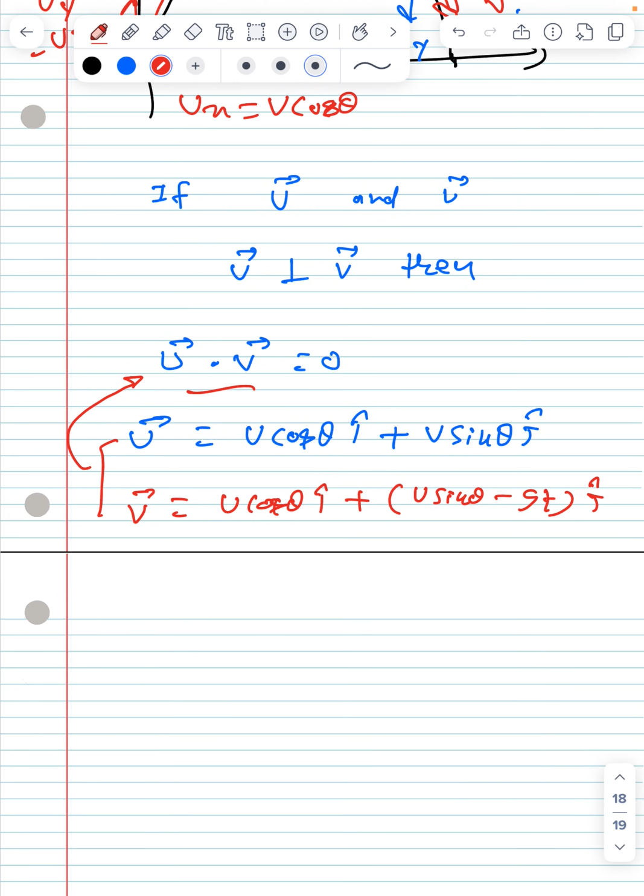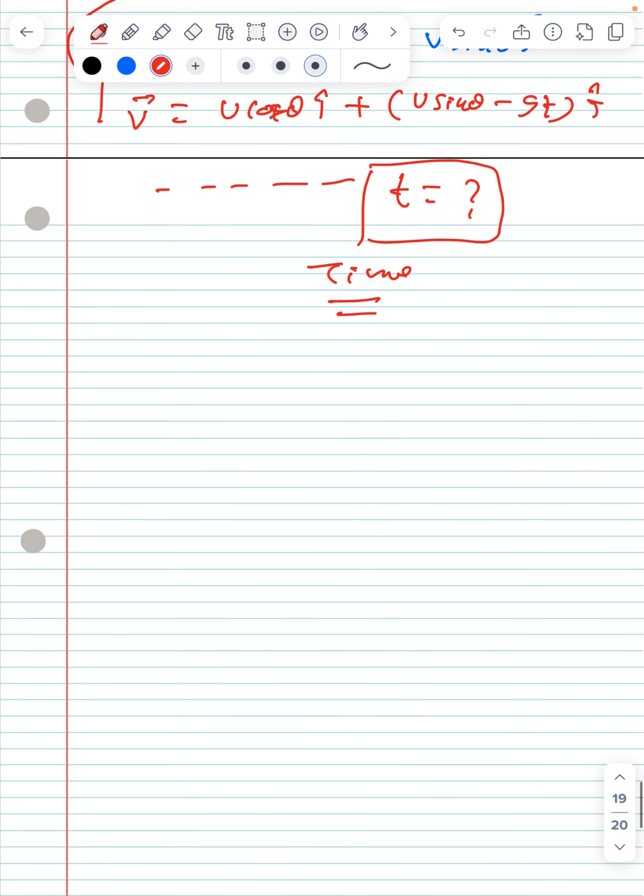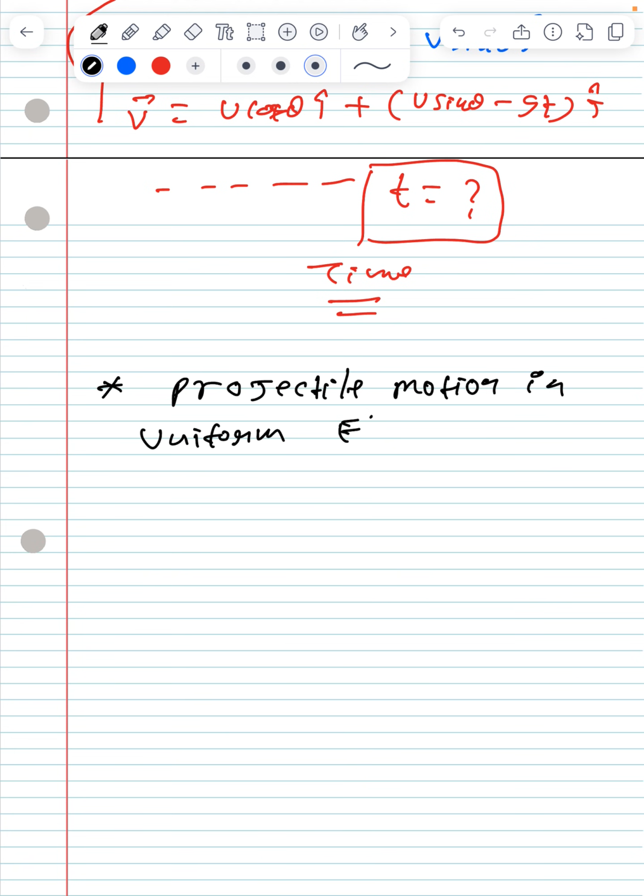Vector u equals u cos theta i cap plus u sin theta j cap, and vector v equals u cos theta i cap plus u sin theta minus gt j cap, right? Put both into the dot product and find the value of t, meaning after what time both velocities are perpendicular to each other.